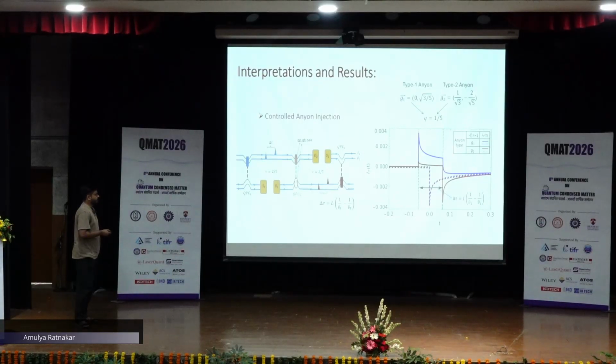So, in the absence of any interaction where lambda is 0, you see that for both the type G1 and G2 anions which are injected at the source QPC, you do not have any discernible differences between the tunneling currents.